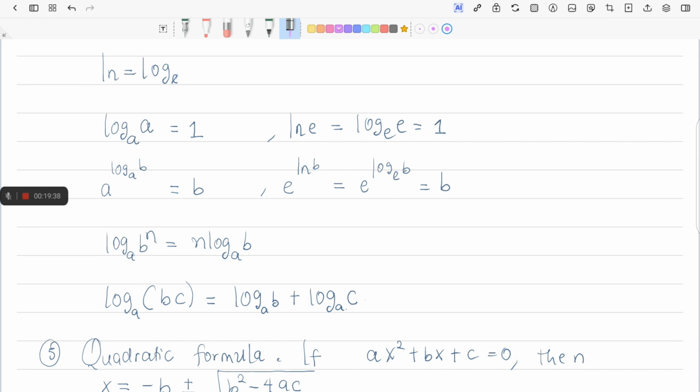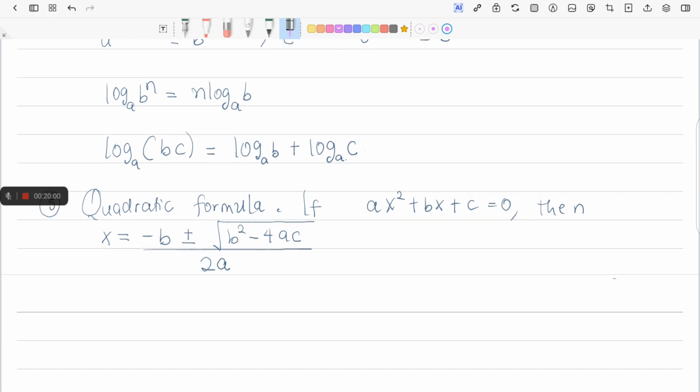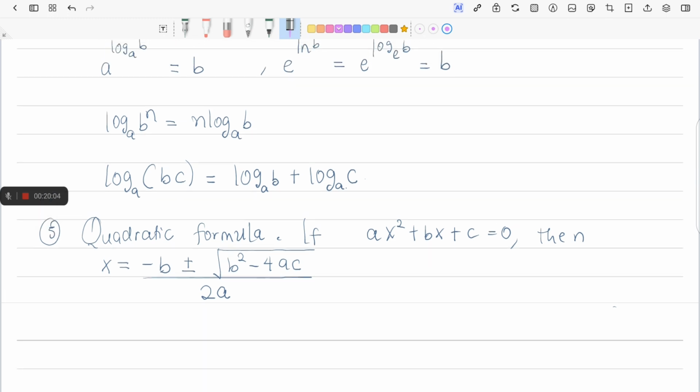Log b raised to the power of n to the base of a is n log b base a. And finally, the log of a product is going to be the sum of the logs of the values in their product. So log bc to the base of a is log b to the base of a plus log c to the base of a. And here I simply rewrite the quadratic formula for you in case you need it.